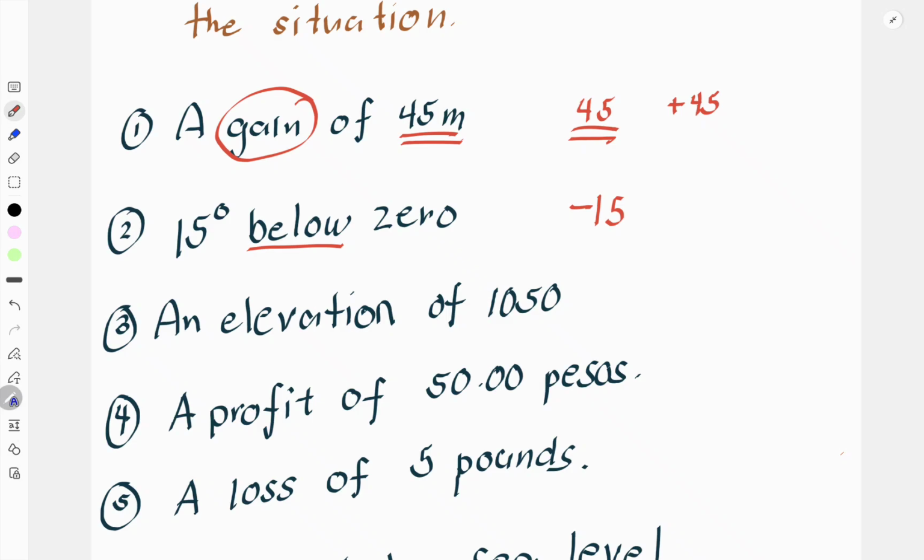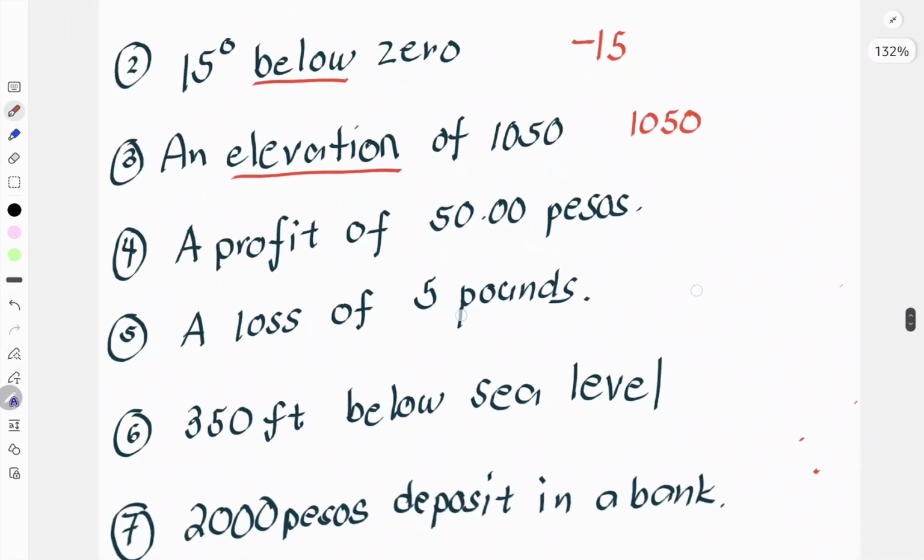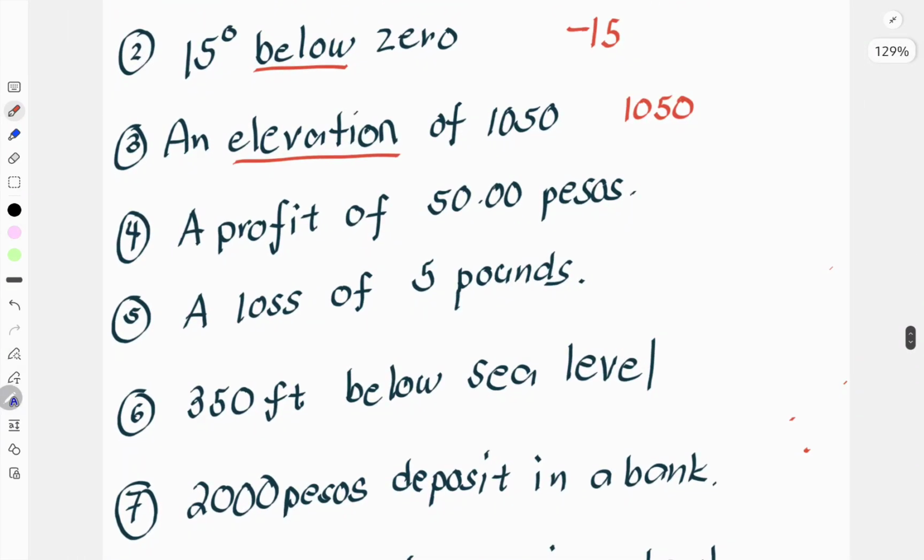Another, an elevation of 1050. The word elevation gives us an idea that it's positive, so we could write it as 1050. Another, in finances, a profit of 50 pesos. A profit means an addition, so it would be positive 50. Another concept, a loss of 5 pounds.